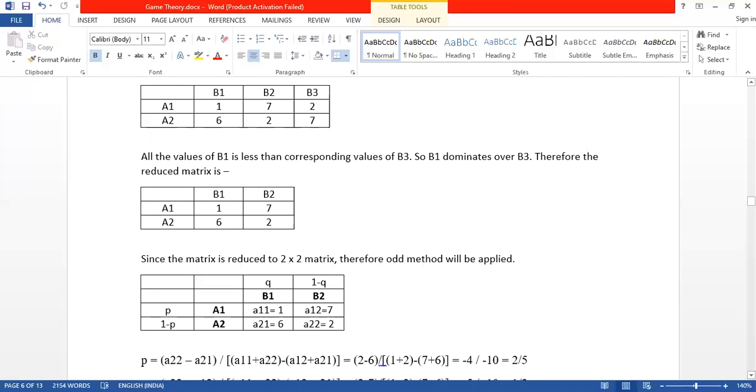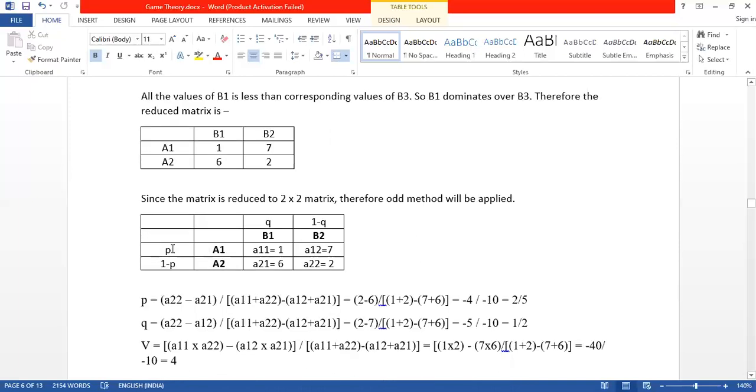Now to solve this, we have taken probability P for strategy A1. Therefore, probability 1 minus P will be assigned to A2. Q for strategy B1. Therefore, 1 minus Q for strategy B2. Then each value is named as A11. Why A11?